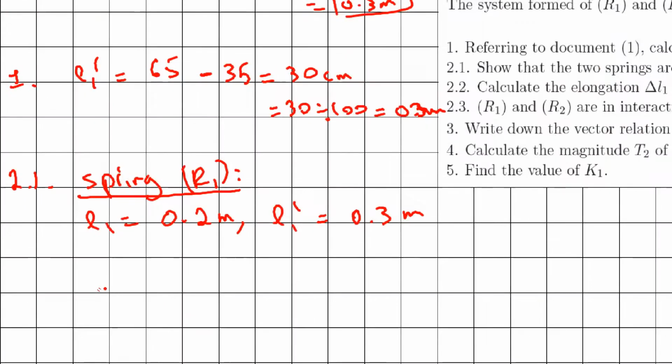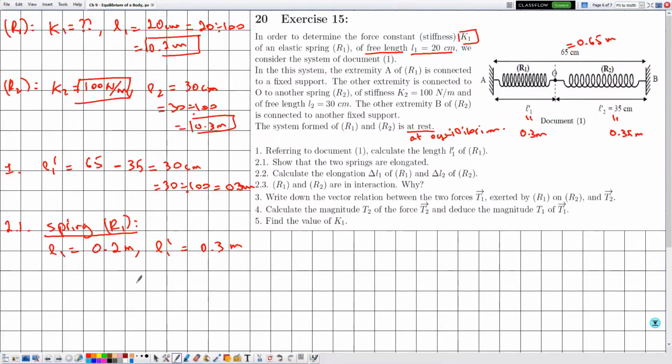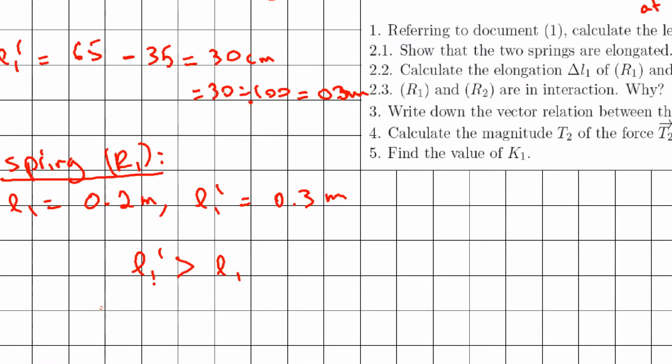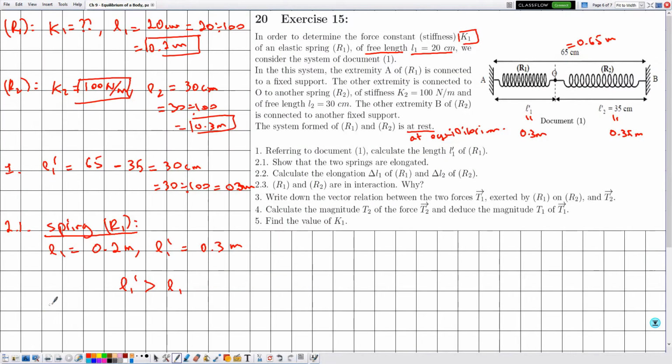So in this case, it's obvious that L1 prime is greater than L1. So because the final length is greater than the initial length, the spring is elongated. However, if the final length is less than L1, the spring is compressed. So let me say since L1 prime is greater than L1, then the spring R1 is elongated.